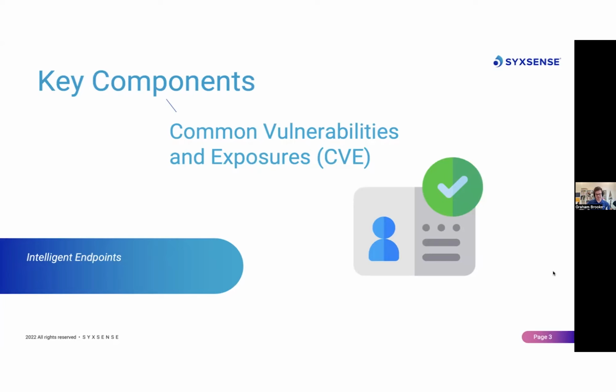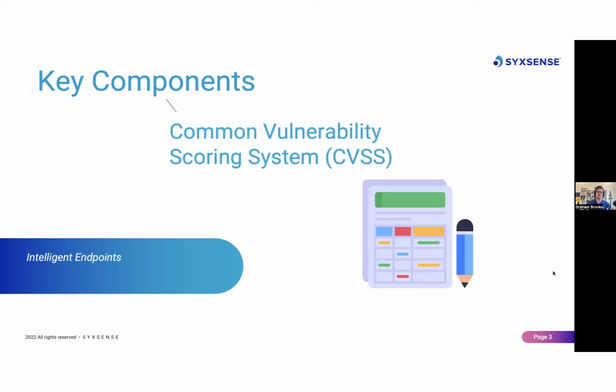Alongside the CVE, there's another helpful framework called the Common Vulnerability Scoring System, or CVSS. CVSS looks at CVEs and explains how important each one is, based on those three key attributes we talked about: availability, integrity, and confidentiality.